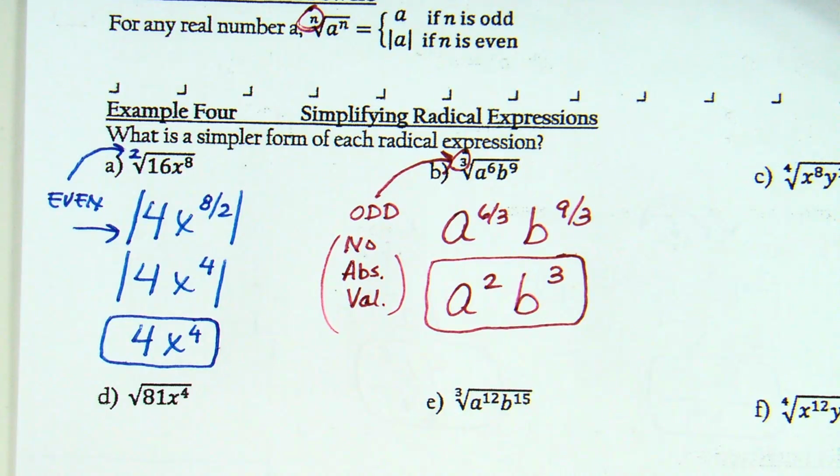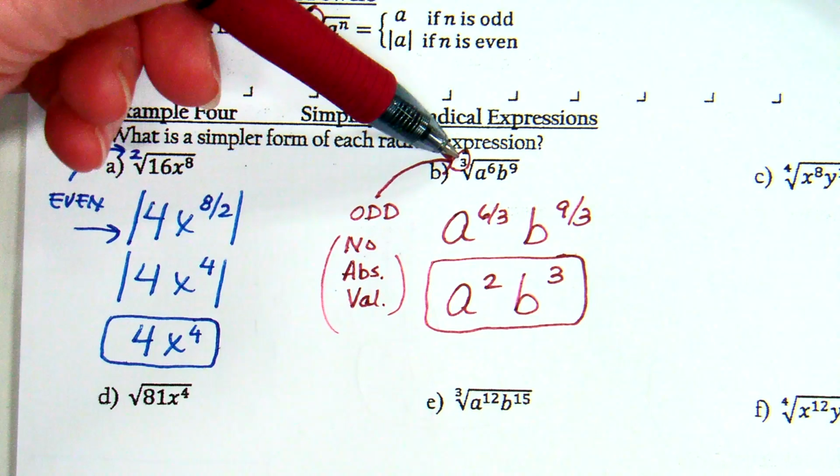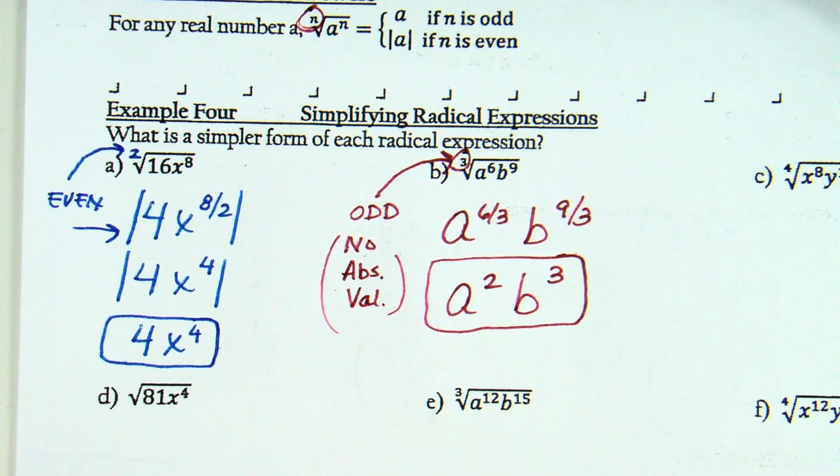Why do we not have to put it in the box though? The lines. Because the 3 right here, the root is odd. And we're allowed to have, if you flip back to the previous page, we did the cube root of negative 8, and that is equal to negative 2. You're allowed to have a negative answer in an odd root, just not in an even root.